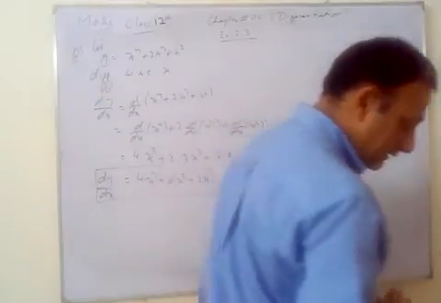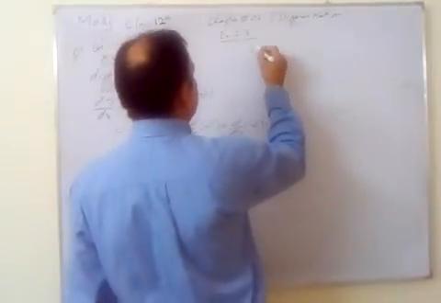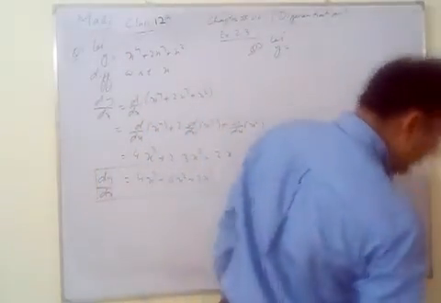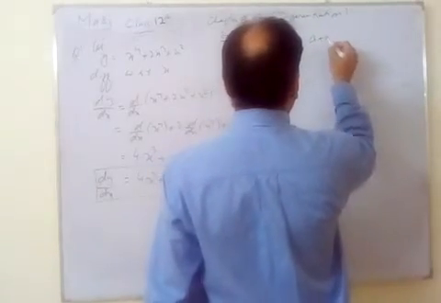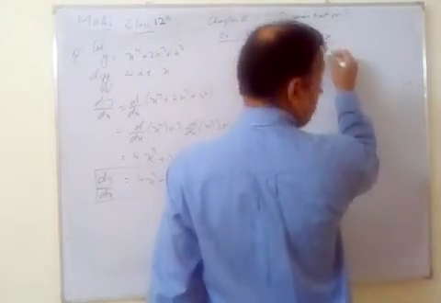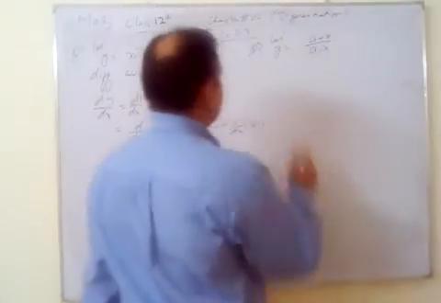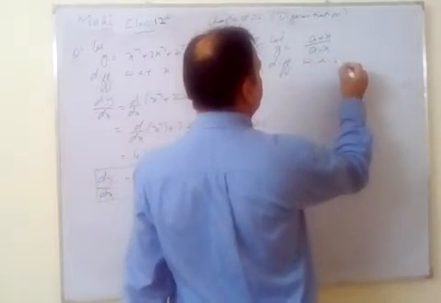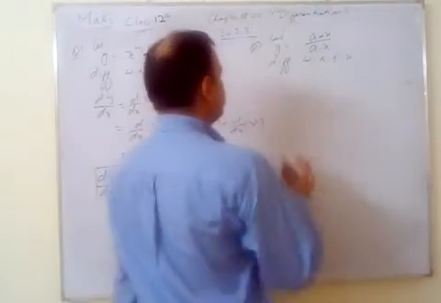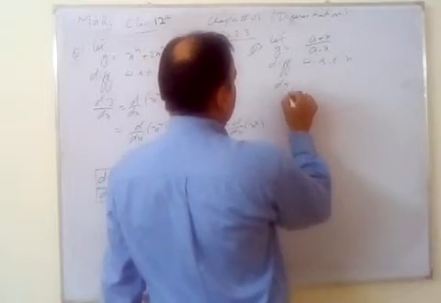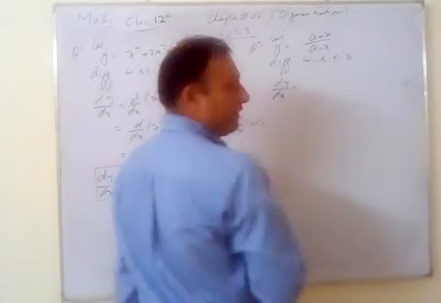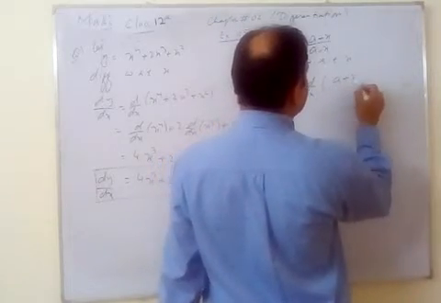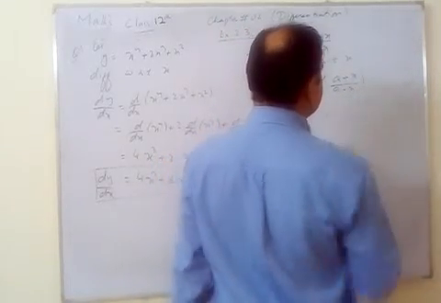Likewise, if I solve the third question, that is, let y is equal to a plus x divided by a minus x. Differentiate with respect to x. We have dy over dx, derivative of a plus x divided by a minus x.